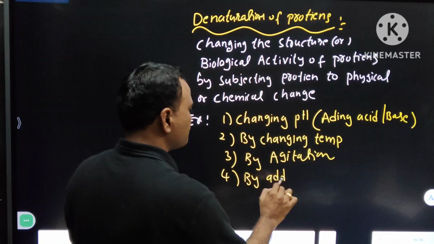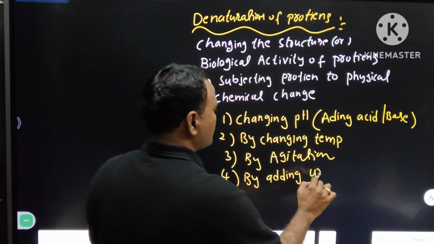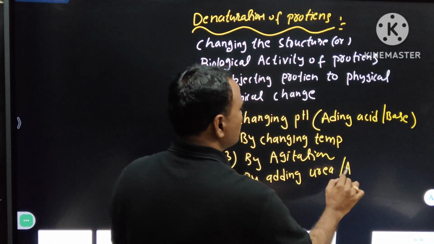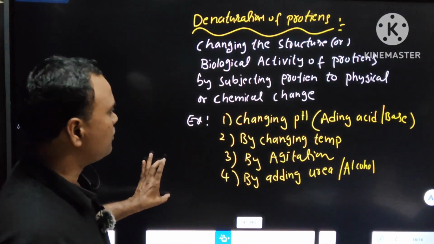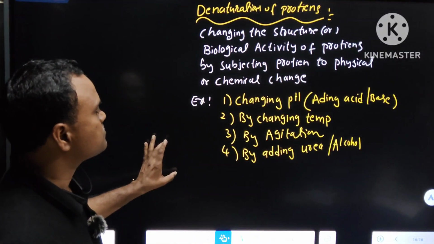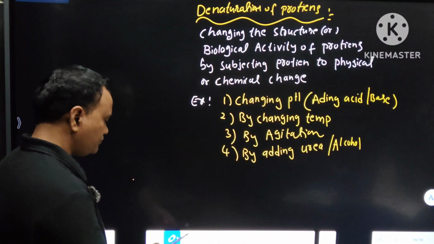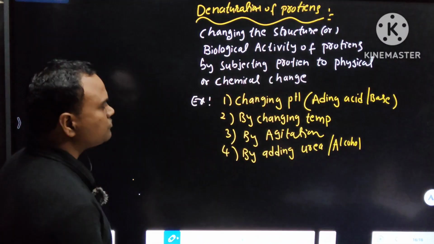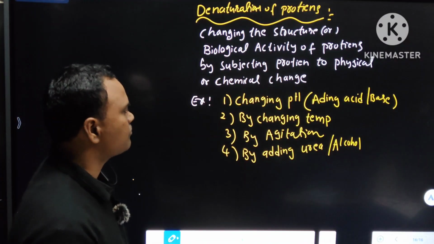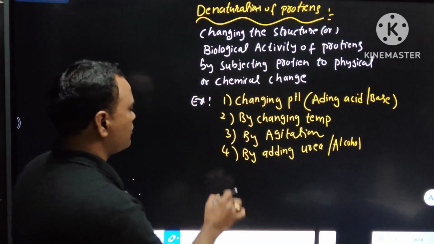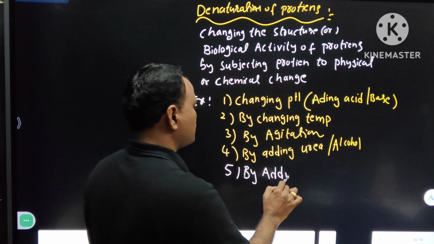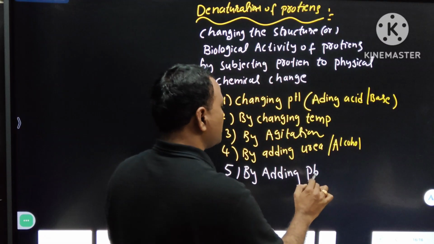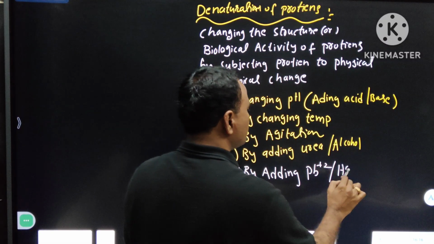By adding urea, alcohol. All these are the methods. By adding heavy metal cations, Pb+2 or Hg+2.